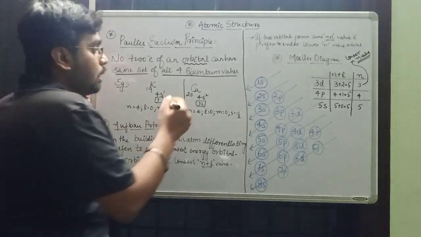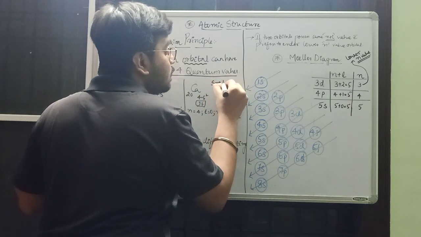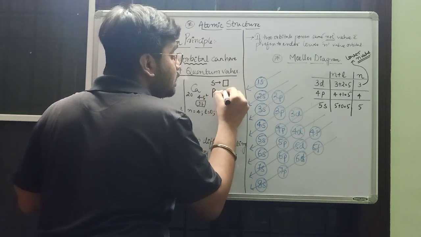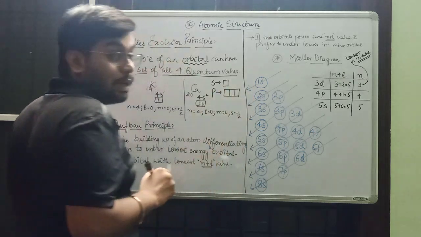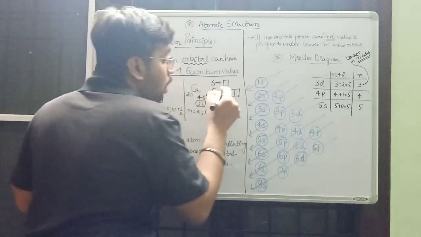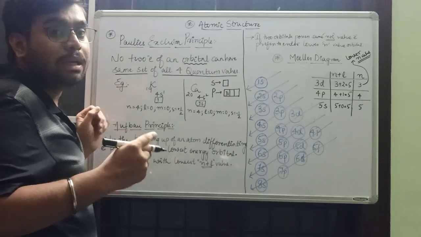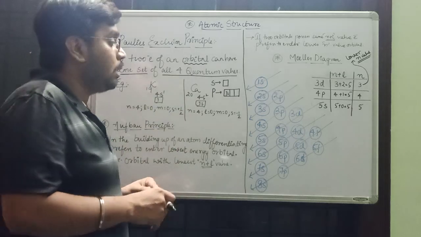Orbitals means, you see, s is a subshell which has a single orbital. p is a subshell which has 3 orbitals. Each and every box or each and every compartment where 2 electrons can be accommodated is called an orbital.